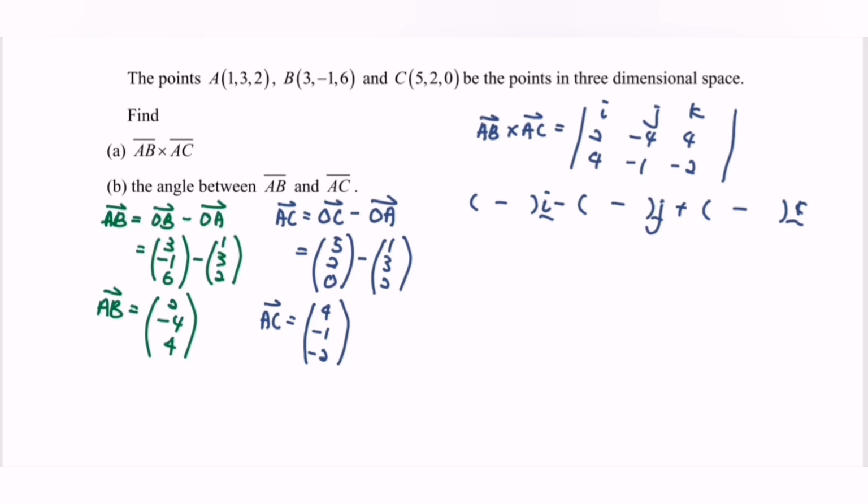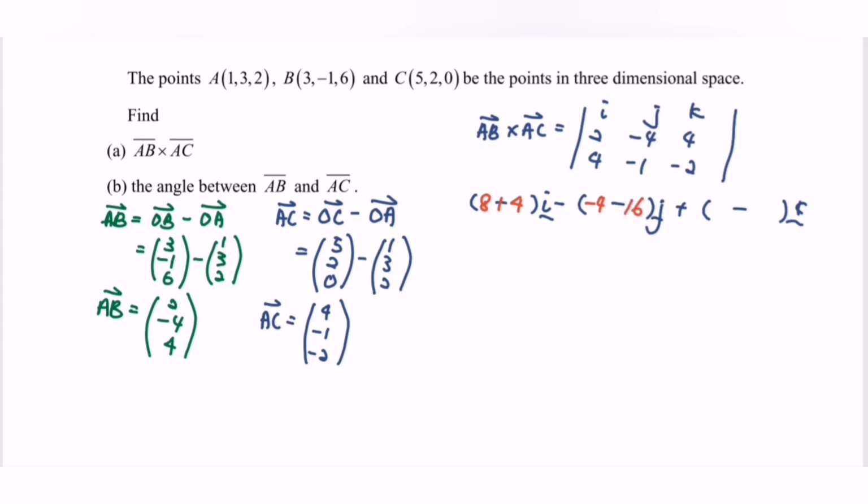So kindly focus on the i, close up the i, and we will have negative 4 multiplied with negative 2. So we will have 8 minus negative 4. So focus on j, kindly close up the j, so we will have negative 4 minus 16.